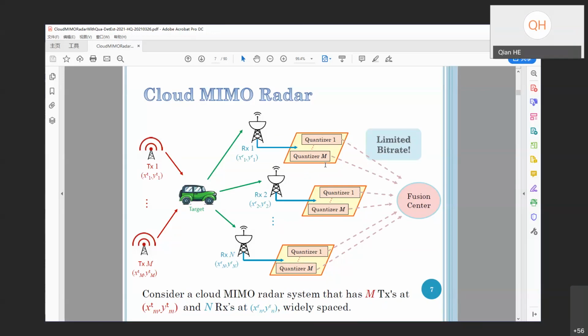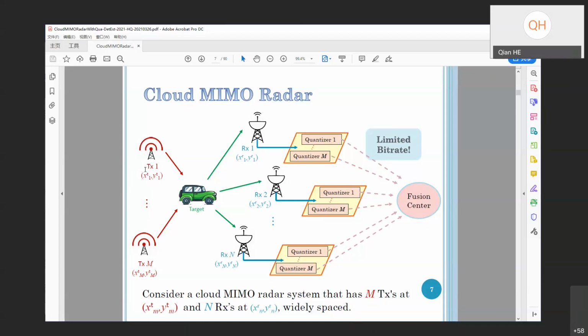Okay, so let's assume the locations, because we're thinking about an active radar, right? If you have a passive radar case, you can do similar analysis. Just suppose this is an active case, so you know the signals transmitted from the transmitters, and you know the locations of each transmitter. Say we denote by X_T, T means transmitter, and Y_T the location along the y-axis, since we are considering a two-dimensional case for simplicity.